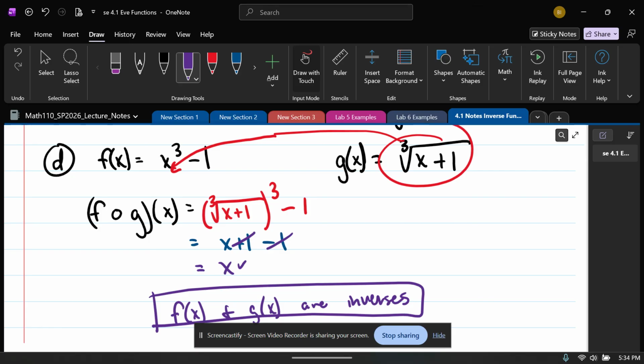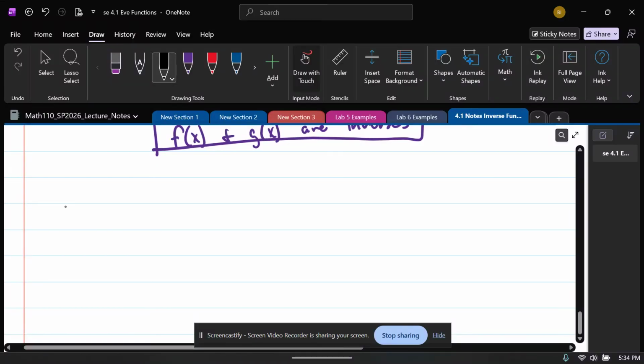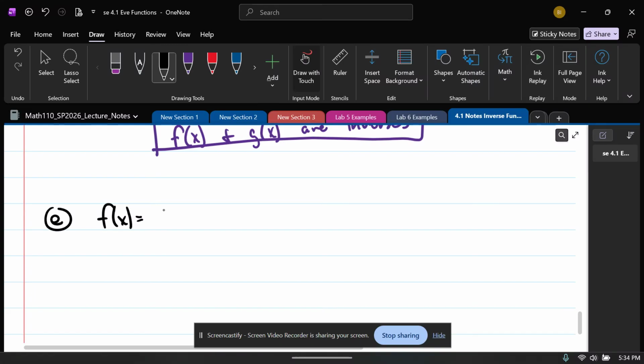Let's do one more. Go back to an easier one maybe. Example E: f of x is 1/2 x plus 5, and g of x is 2x minus 5. Are those inverses of one another?